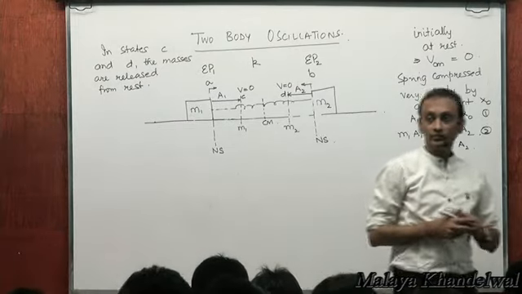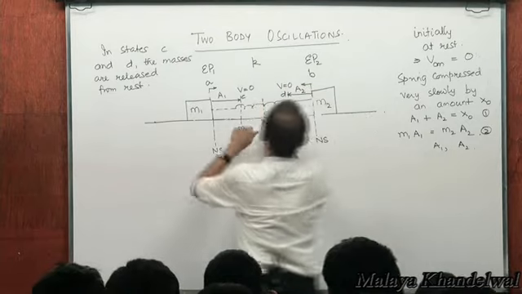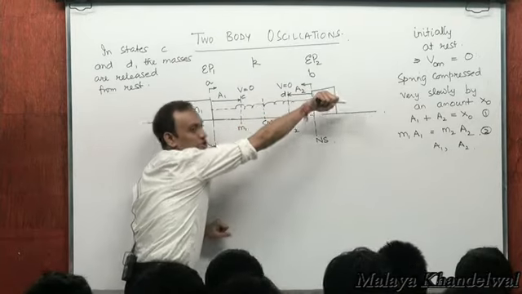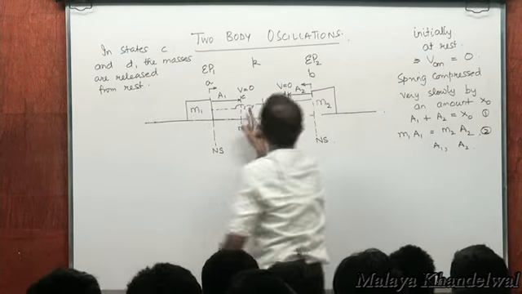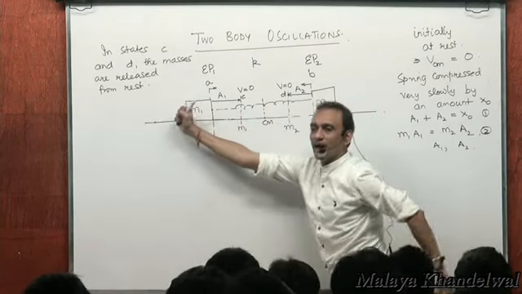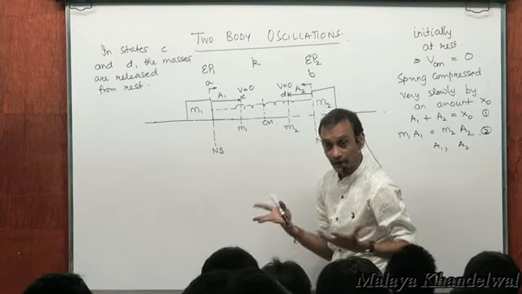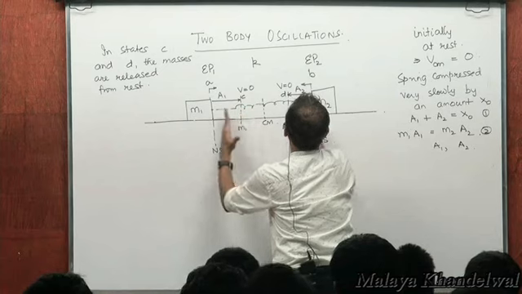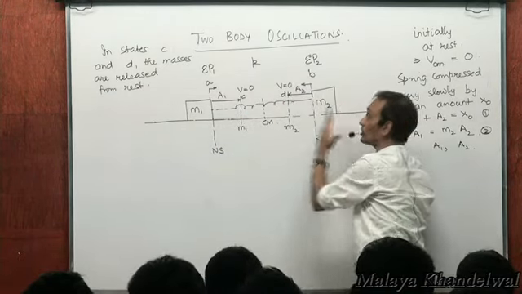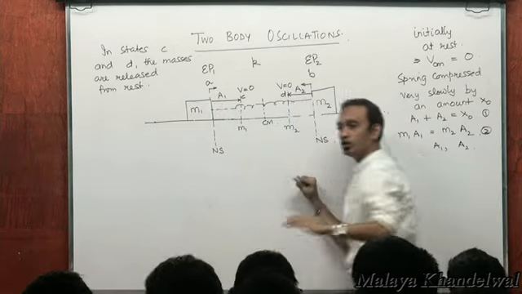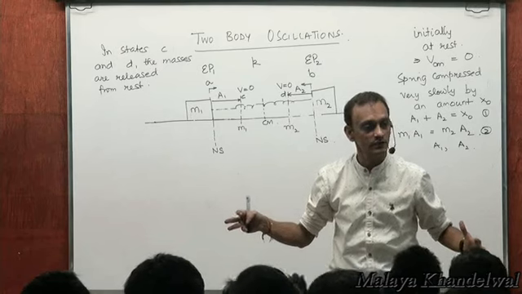Right? So then this spring will push this mass m2 this way, this mass m2 will develop a velocity. This spring will push this mass m1 this way, this mass m1 will develop a velocity. So now from this state onwards, the two masses begin to develop velocity. m2 starts to move to the right, m1 starts to move to the left under the influence of the compressed spring. Okay?